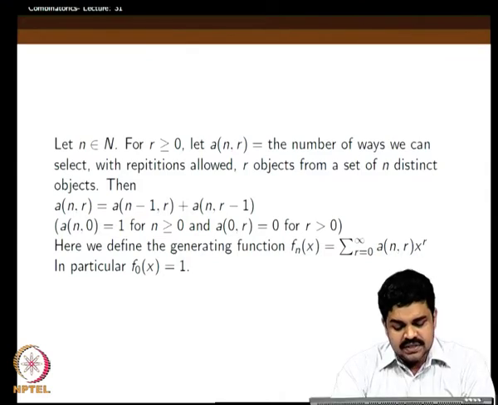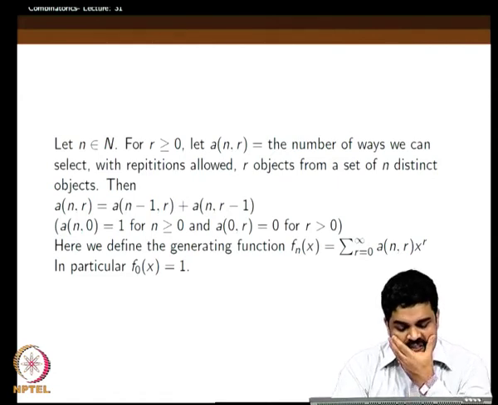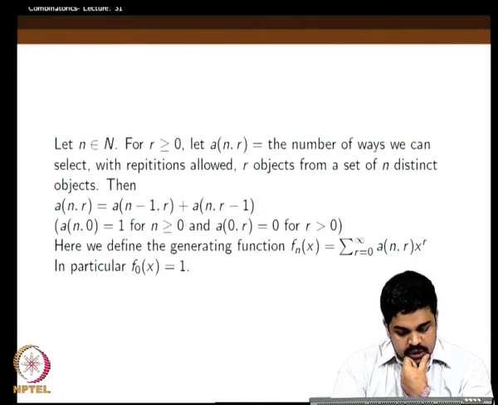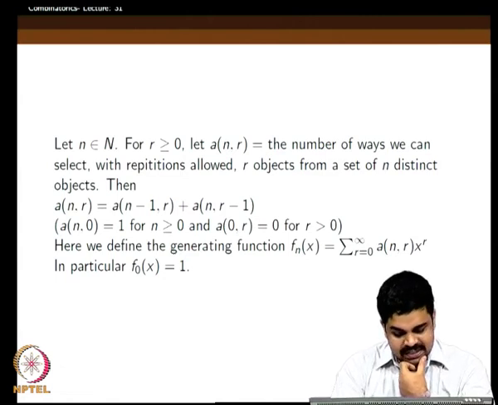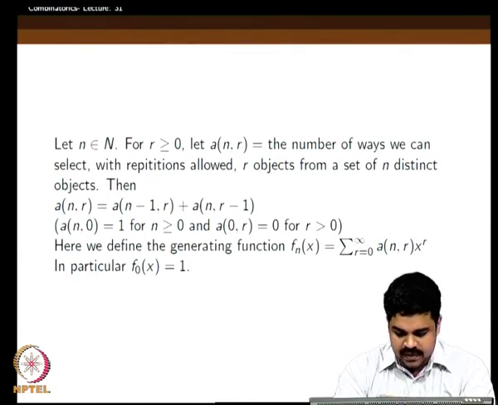Let us define A of n comma r be the number of ways we can select with repetitions allowed r objects from a set of n distinct objects. So, we have already seen this problem. We know that A of n comma r is n plus r minus 1 choose r, right.